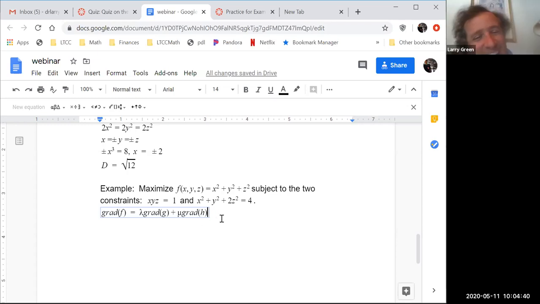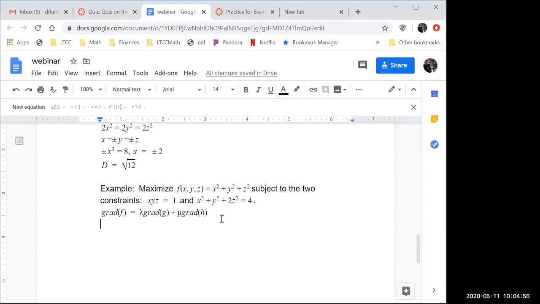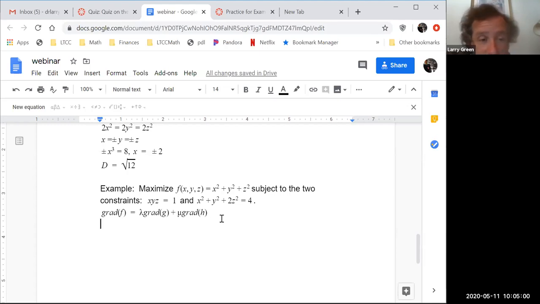But the next letter of the Greek alphabet after lambda is mu. Okay, so that's going to be the key equation that's going to deal with two constraints. So we literally just said, all right, here, add another constraint.